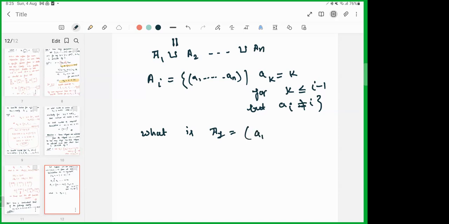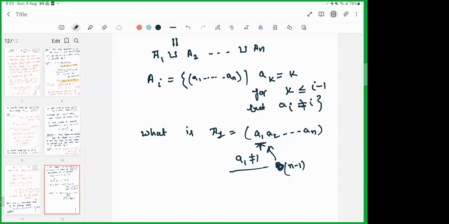So on the first slot, A1, A2, and so on up to An, A1 should not be equal to 1. So for A1, what choices do we have? We are working with general n, so we have n minus 1 choices, since we cannot choose 1 in this slot.